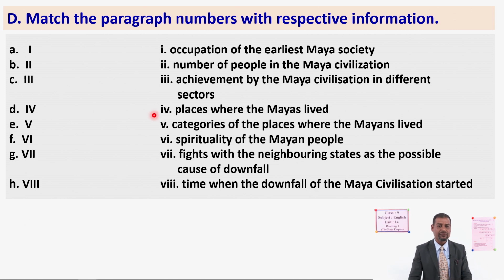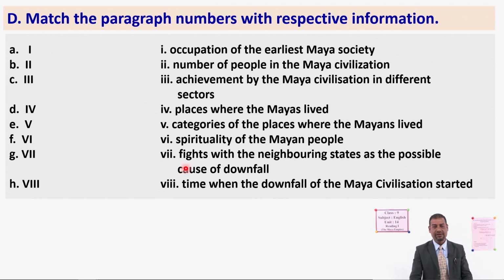So for example, the first paragraph, does it give us the gist of occupation of the earliest Maya society, or number of people in the Maya civilization, or achievement by the Maya civilization in different sectors, or places where the Mayans lived, or categories of the places where the Mayans lived, or spirituality of the Mayan people?